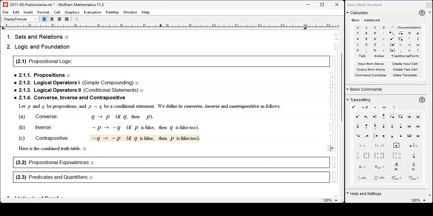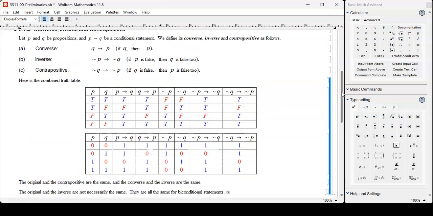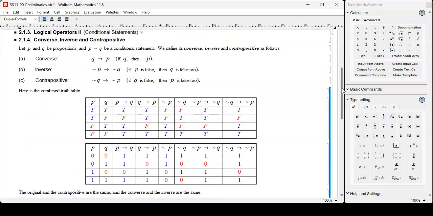And then here is the combined truth table. And what do you observe? The original conditional statement, if P then Q, and its contrapositive are identical, TFTT. So they are the same.